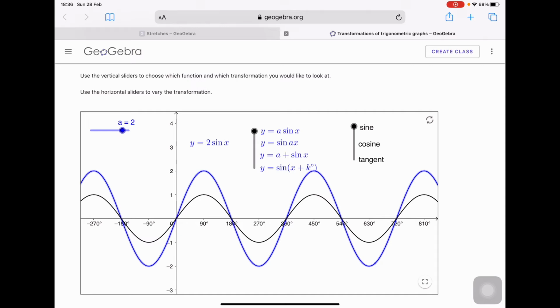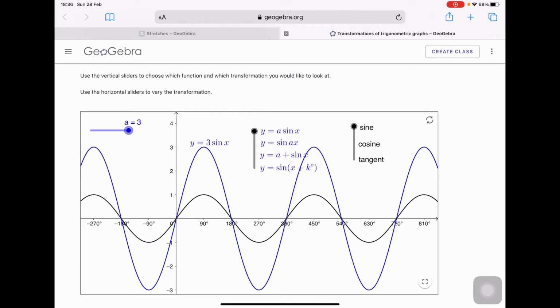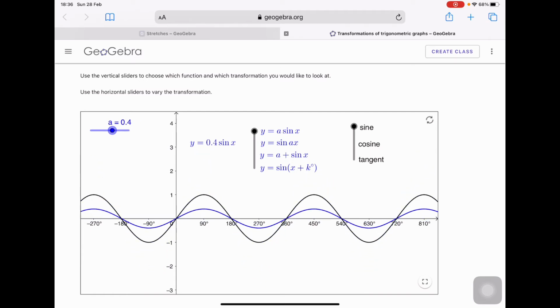Also, if you look at the trough at 270, -2, the distance between the x-axis and that minimum point is also 2. So by changing this a value, we're changing the amplitude. For example, here we have an amplitude of 3. If we go here, then we have an amplitude of 0.5.